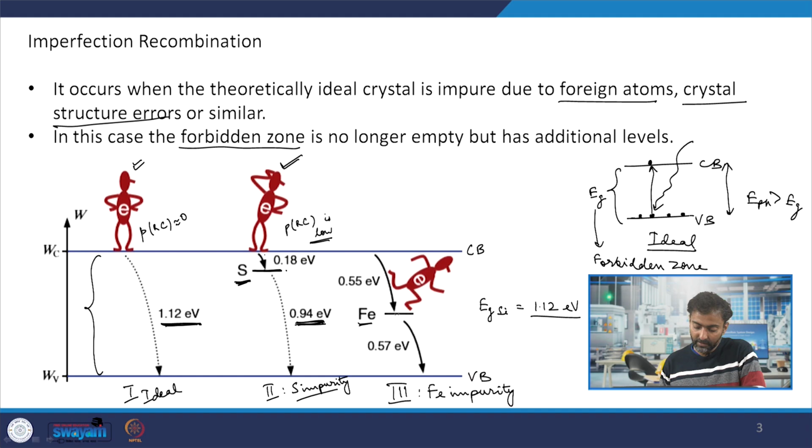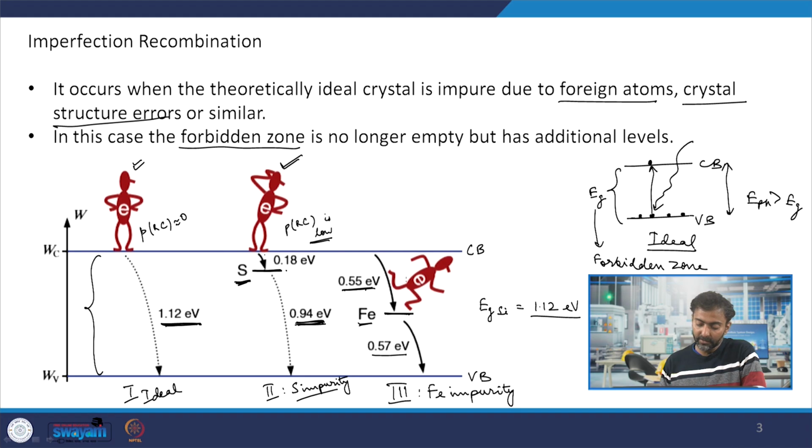So as you can see here, this iron energy band is almost midway. It is 0.55 electron volt below the conduction band and 0.57 electron volt above the valence band of silicon. So it's almost midway. Now in this case, the electron doesn't think twice, it just makes that transition, because now the energy gap which it has to travel is almost half.